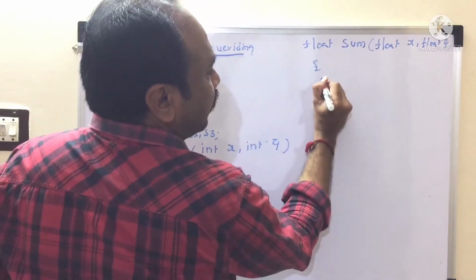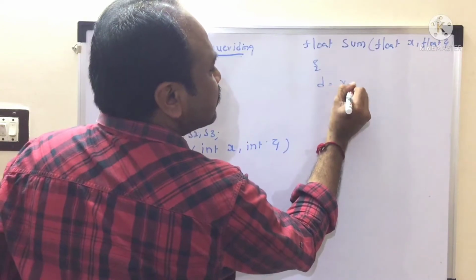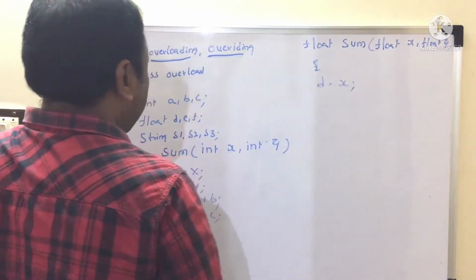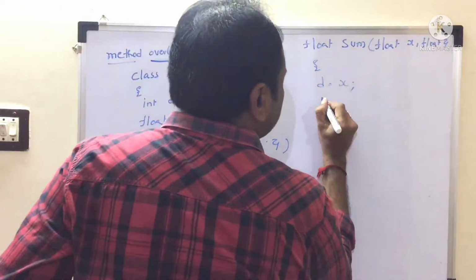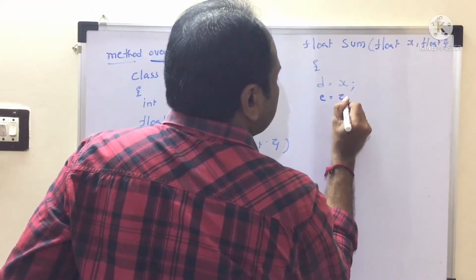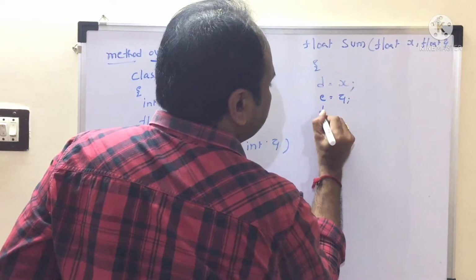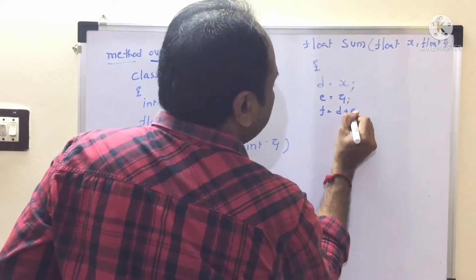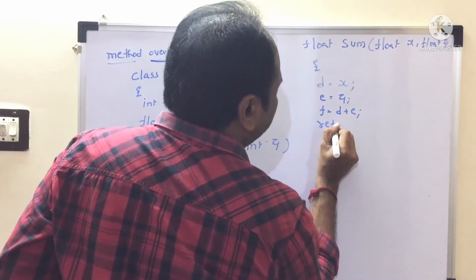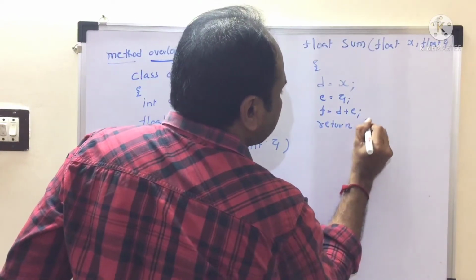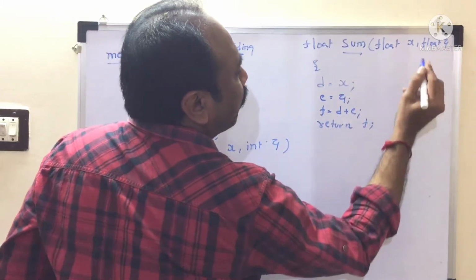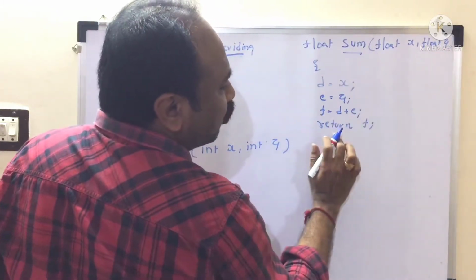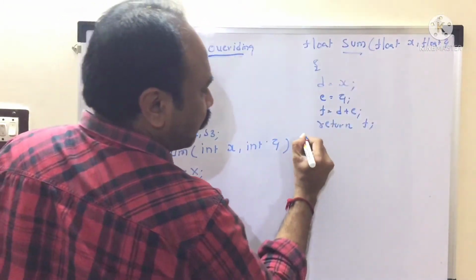I will write d equal to x, next e equal to y, f equal to d plus e, return f. This sum method is taking two float parameters, adding the two float values, and returning a float value.